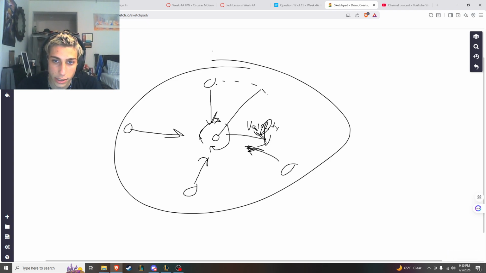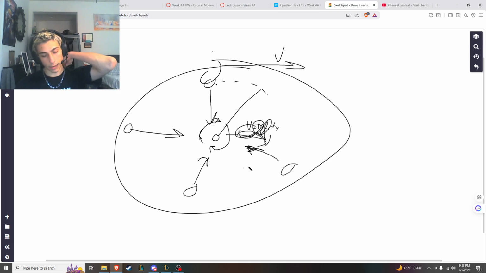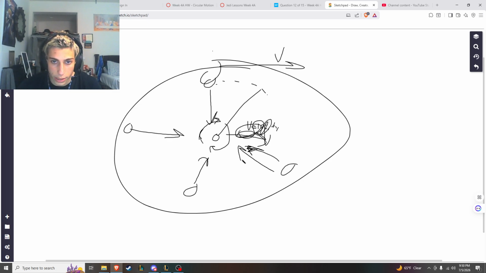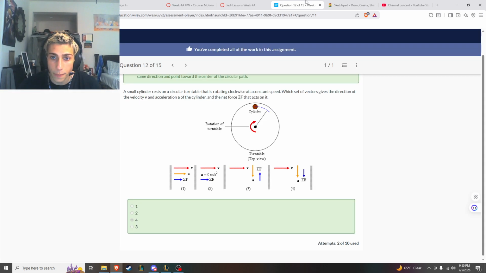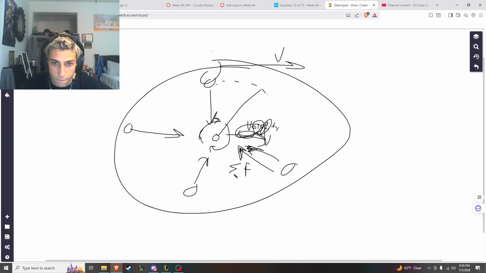The velocity isn't in the middle, scratch that, it's going to be out here, to the right. And then the net force points the exact same way as the centripetal acceleration. That's just a fact. This is going to be the force that's asked about, and it's the same for all of them, pointing towards the center.